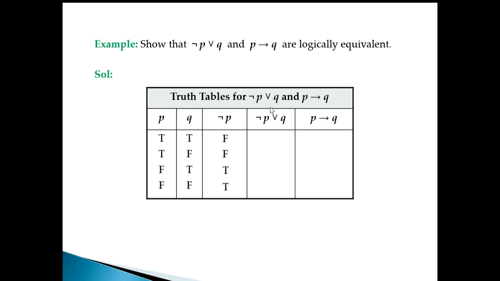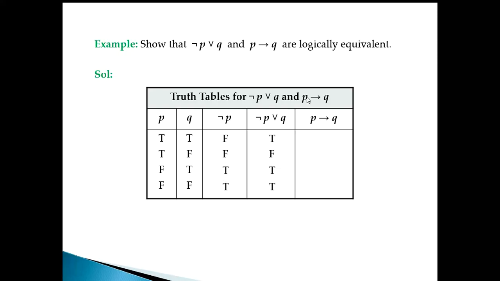Next we need to calculate negation of P or Q, right? Negation P we have, Q we have, so we take the truth values from negation of P or Q. In the or case, the value is false only if both are false. Otherwise, all values are true, right?